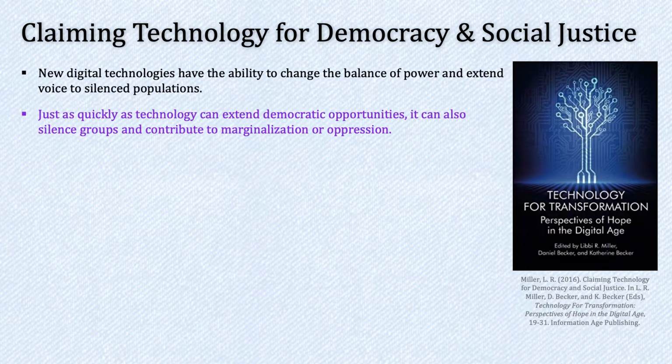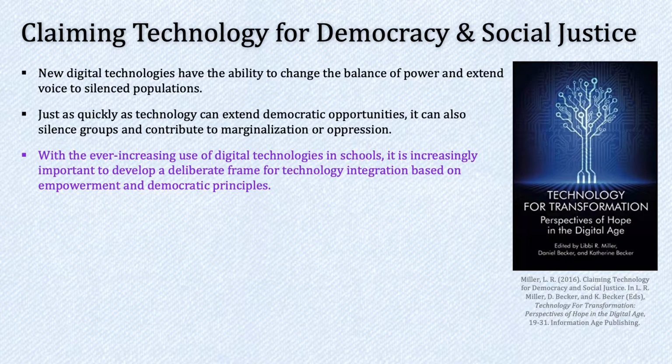She argues, however, that just as quickly as technology can extend democratic opportunities, it can also silence groups and contribute to marginalization or oppression. With the ever-increasing use of digital technologies in schools, it is increasingly important to develop a deliberate frame for technology integration based on empowerment and democratic principles.